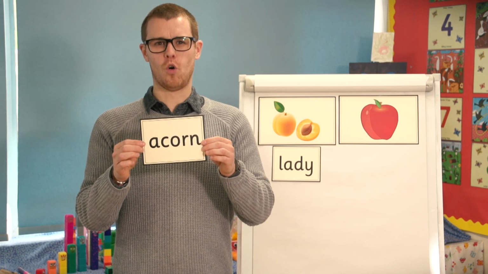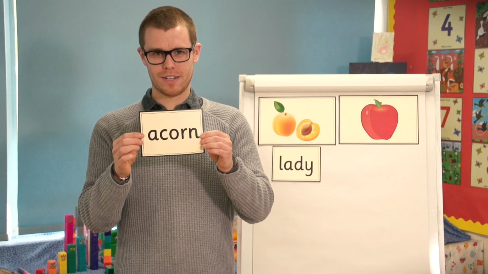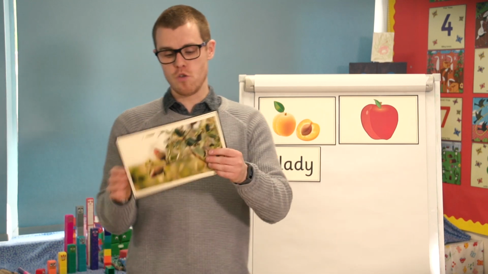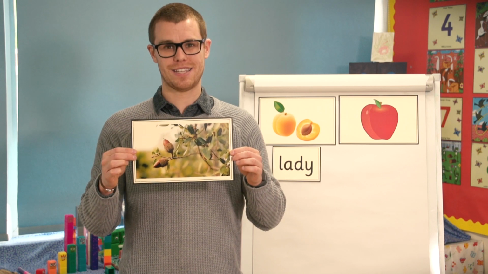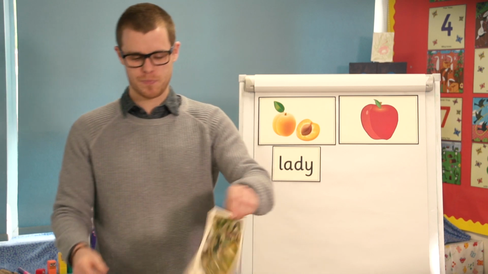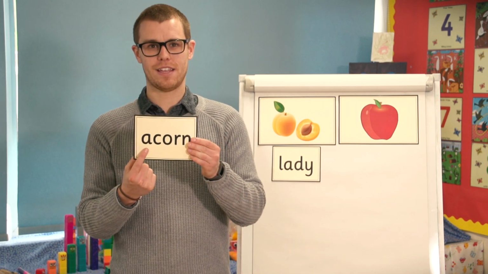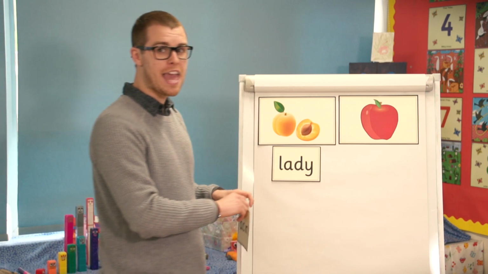Well, acorn doesn't sound right, so it must be acorn. The acorn is the fruit of an oak tree, and an acorn looks like this. Acorn begins with A, so I'm popping it here under the apricot.